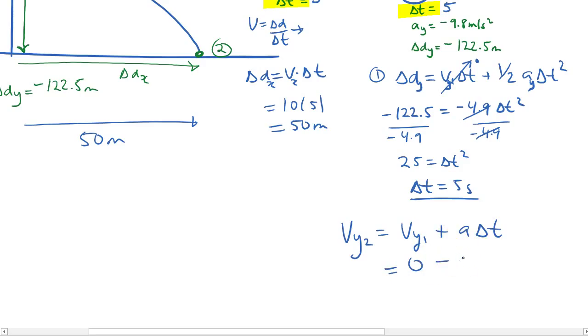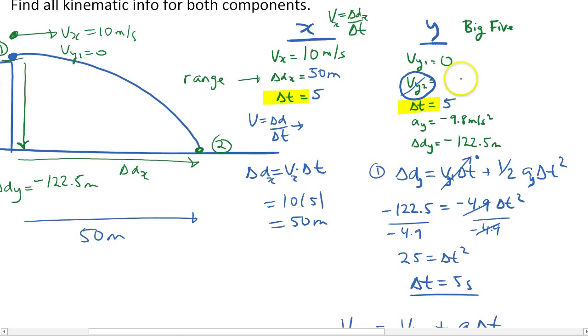So I'm just going to write minus 9.8 times 5. So at the end of 5 seconds, 5 times 9.8 is what? 49, minus 49 meters per second. So that's how fast it's moving downwards at the end. So I'll put a minus 49 meters per second, even though I crossed it out before because I didn't need it for that earlier one.